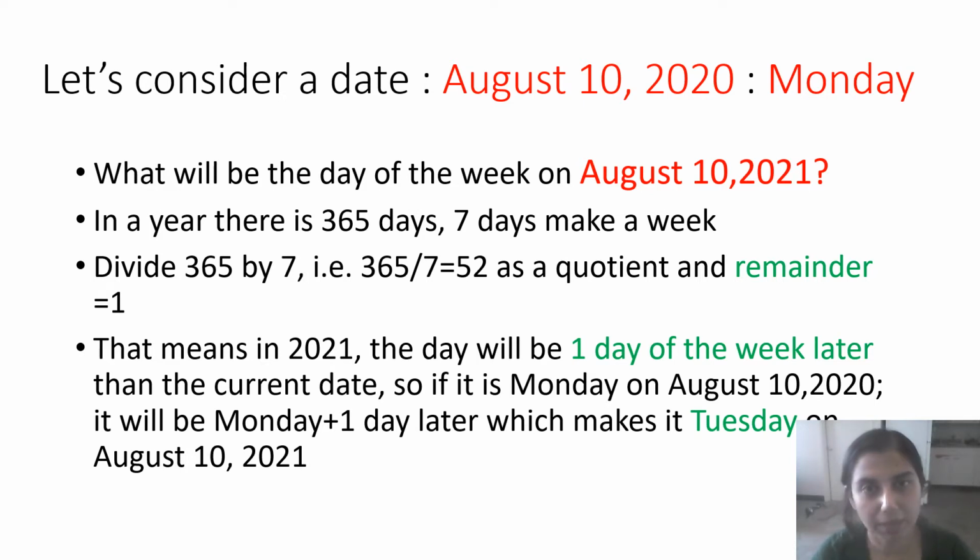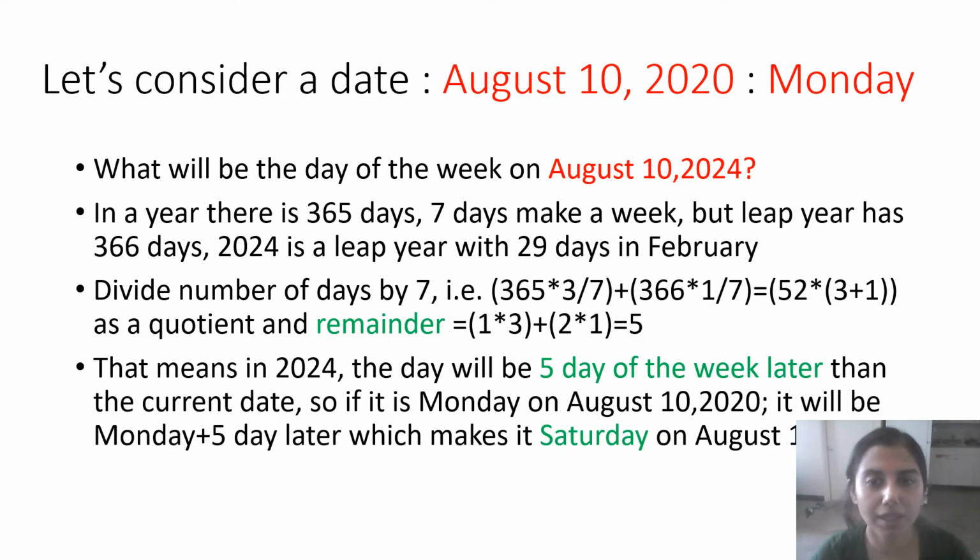To understand it better, let me take you to the next example. In my next example, we know the date of August 10, 2020, the weekday is Monday. Now we want to know what will be the weekday on August 10, 2024.